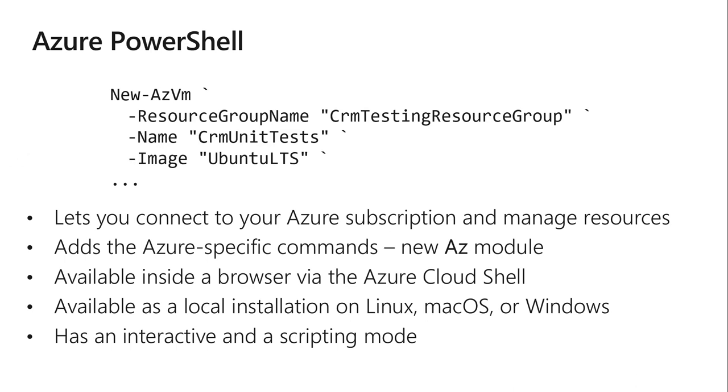The Azure PowerShell is also available in two ways: inside the browser via the Azure Cloud Shell, like we saw earlier, or with a local installation on Linux, macOS or Windows. In both cases, you have two modes from which to choose.